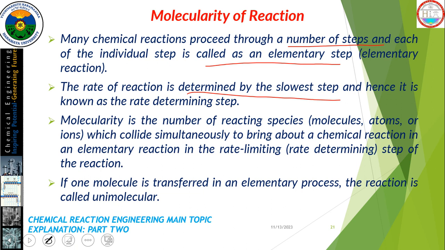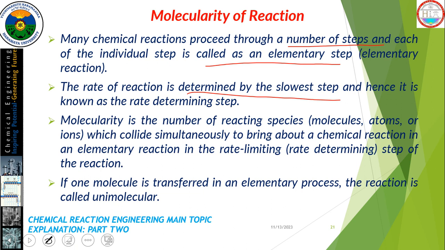So what is the molecularity of the reaction? Molecularity is the number of reacting species, for example molecules, atoms or ions, which collide simultaneously to bring about a chemical reaction in an elementary reaction, in the rate limiting or rate determining step of the reaction. For example, if you consider A plus B gives us R, what is the molecularity of this reaction?